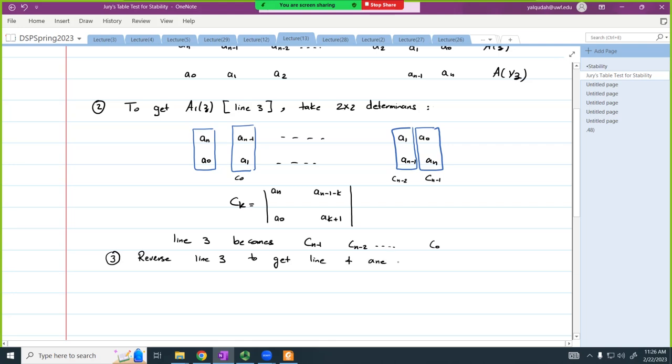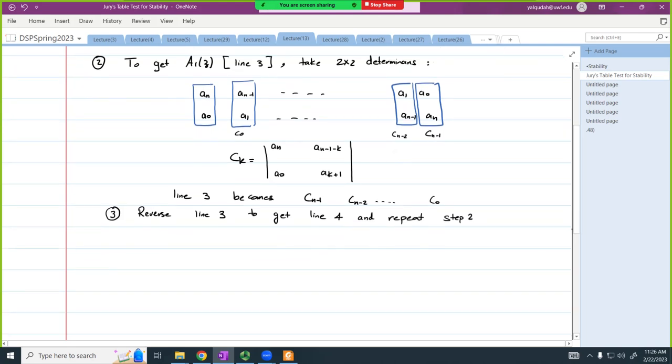And we're going to repeat step 2. Okay, so we're going to continue with this. And we're going to be checking that all odd lines represent a subsequent iteration of A1(z).